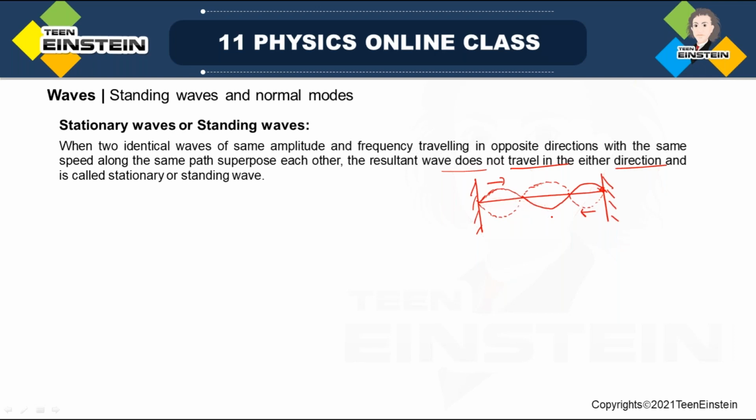Some elements of the string will be vibrating with maximum amplitude, and some places the medium, or the element of the string, will not at all move. They will have zero displacement. You can see that. So at this place there is a maximum displacement and here the zero displacement. This is actually the characteristic of a standing wave.